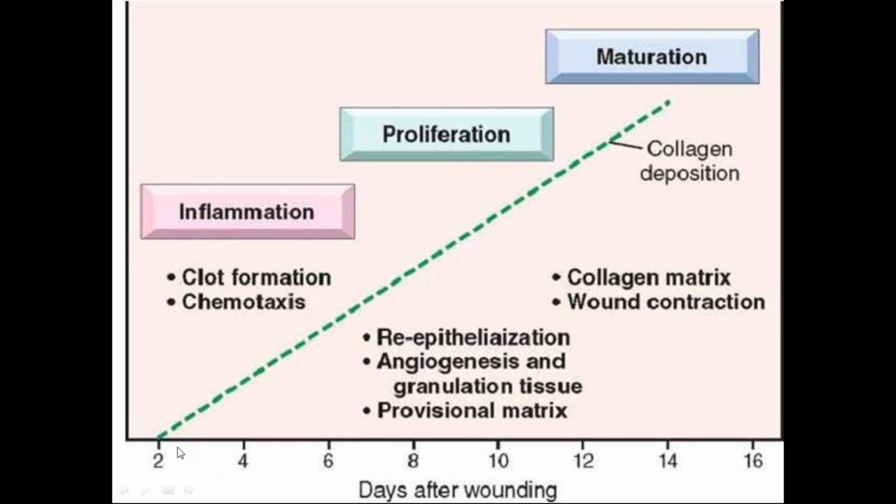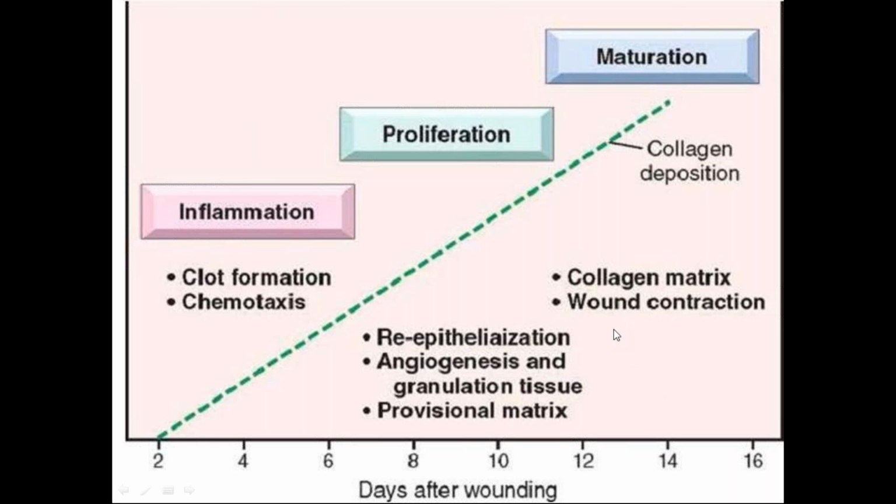After development of a wound, these are the days after the wound. First, inflammation occurs, that is clot formation and chemotaxis, then reepithelization, angiogenesis and granulation tissue after 1 week, and there will be provisional matrix formation.